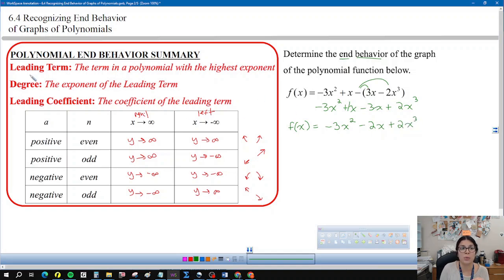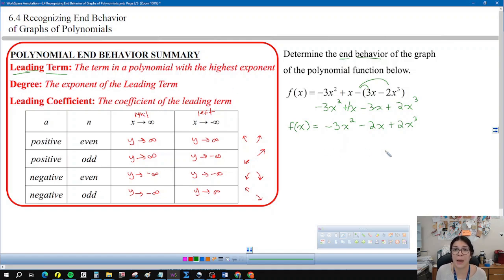Now remember, you have to use the leading term to determine the end behavior. You cannot determine the end behavior without looking at the leading term. That terminology is kind of misleading, because the leading term is not the first one.